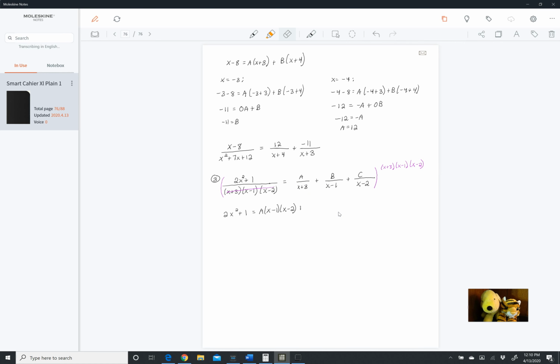Then we have the b. Now with the b, we're left with x plus 3, and we're left with x minus 2. The x minus 1 canceled. And with the c, hopefully you could pause the tape and you could see what is canceling. You can write it out. But with c, the x minus 2 cancels.